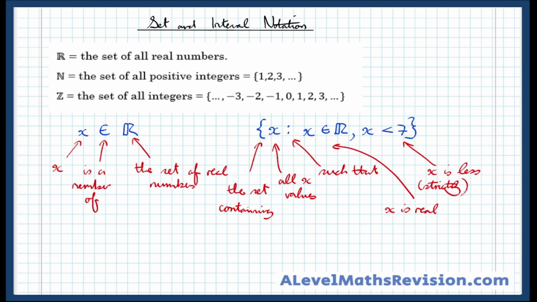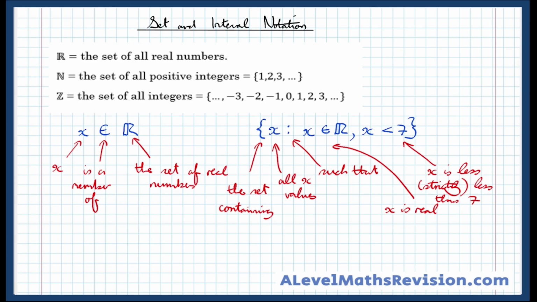So in maths, strictly means less than, and non-strictly will be less than or equal to. x is strictly less than 7. So basically this says the set contains all real numbers up to but not including 7, all the way from minus infinity up to but not including the number 7.